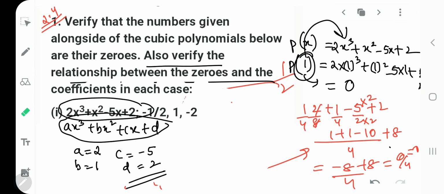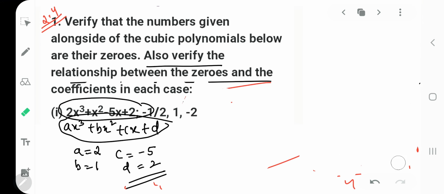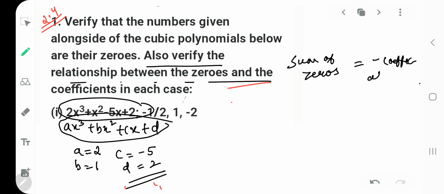Now, as you know, in my previous exercise we have done that the sum of zeros is always equal to minus coefficient of x upon coefficient of x square.